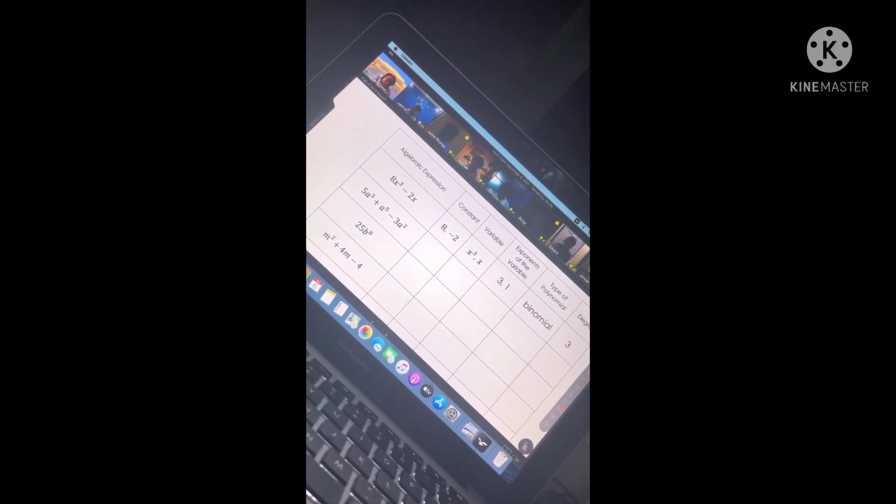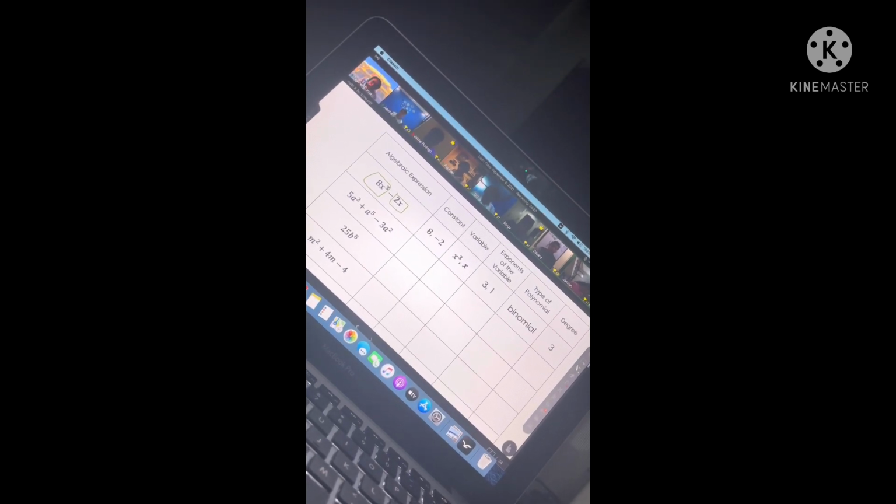Huwag niyong kakalimutan. And then, how many terms do we have here? How many terms do we have? O terms, it is separated by minus or plus. Right? So our terms here is 8x cubed and 2x. Okay, so ilan yung term natin? That is 1, 2.